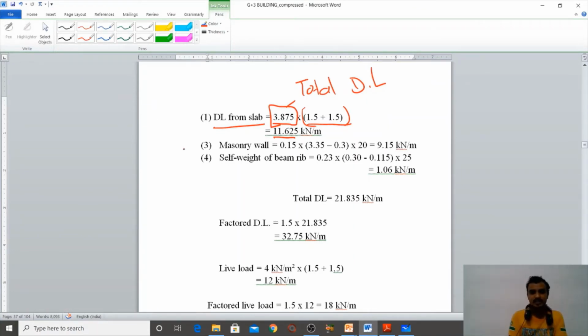Second, masonry wall. For the masonry wall we need the thickness of the wall. 0.150 is the thickness of the wall, meaning a 150 mm thick wall. So the masonry wall is 0.150 into 3.35 minus 0.3.